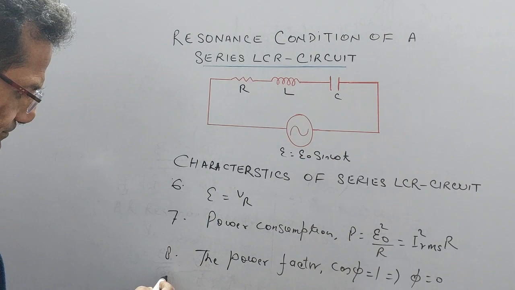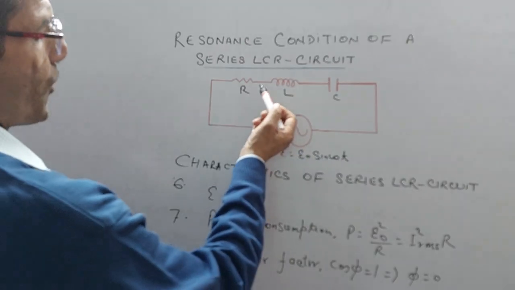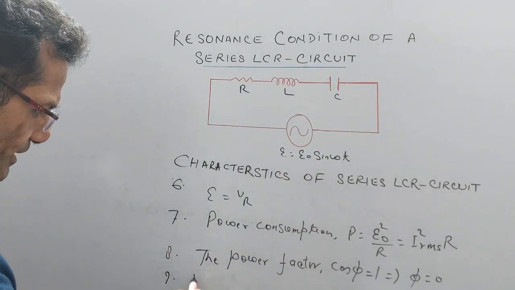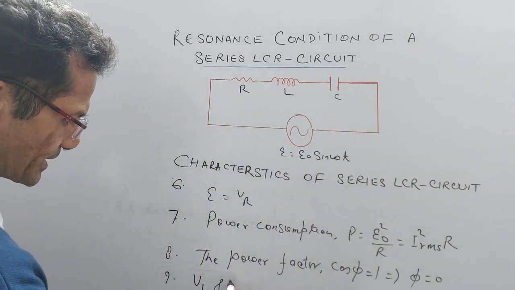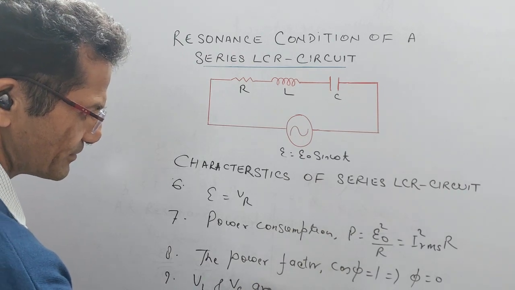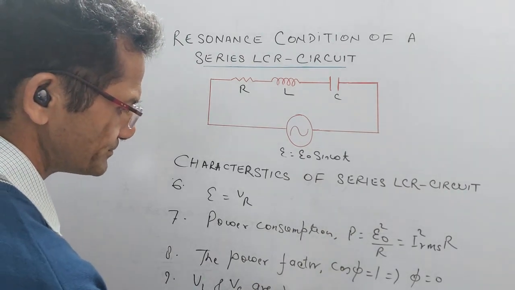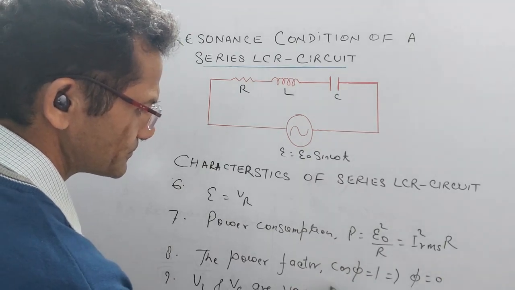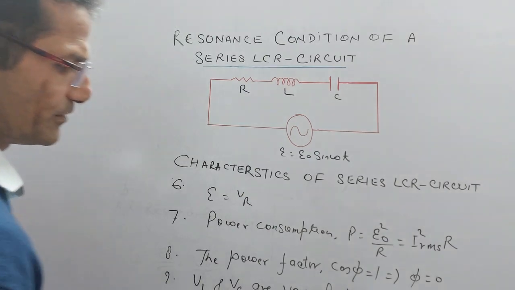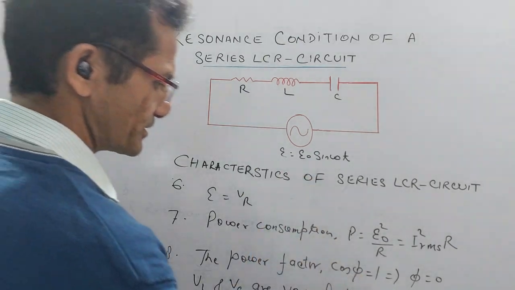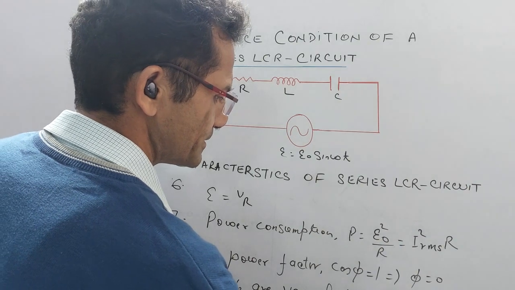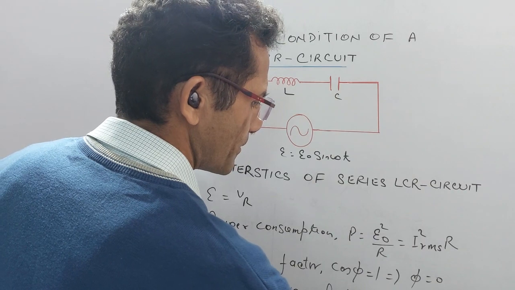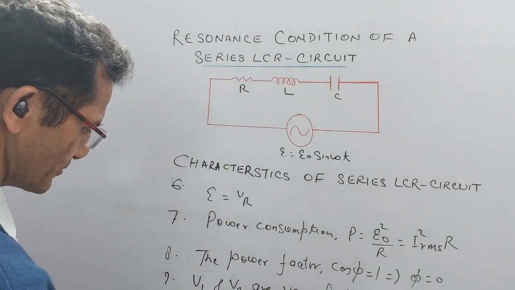Now the ninth point: the voltage across the inductor and capacitor. The voltage across the inductor and capacitor is very high in magnitude as compared with the applied voltage.